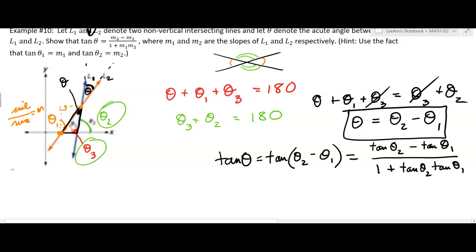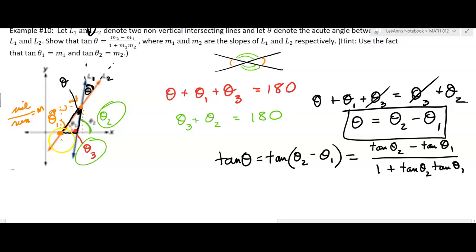So you can think about that in terms of the tangent. Think about this as the opposite side, and this as the adjacent side. If I draw a little perpendicular here, then the slope of that line is equal to the tangent of the angle.